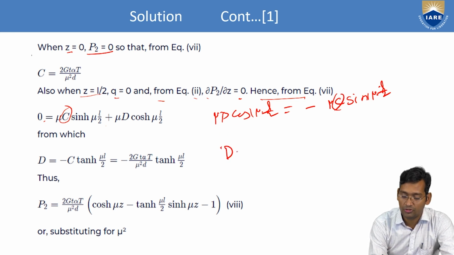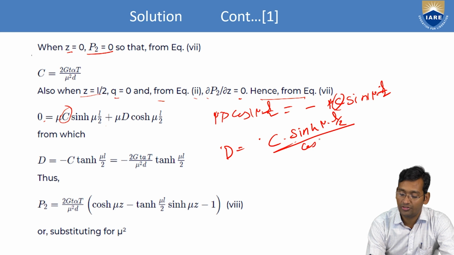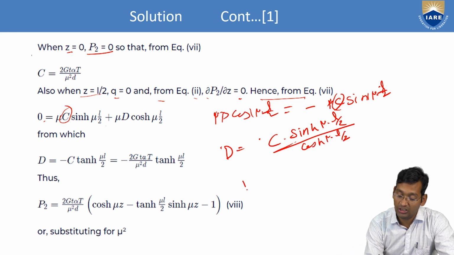So first, d will equal what? Mu and mu will get cancelled, since mu is on both sides. So d will equal c sinh mu L by 2 divided by cosh mu L by 2. Now this sinh by cosh will give tanh. So d equals c tanh mu L by 2.